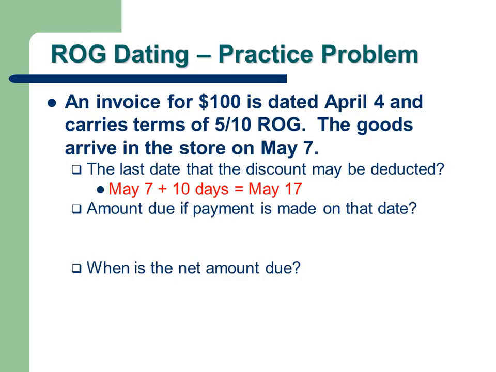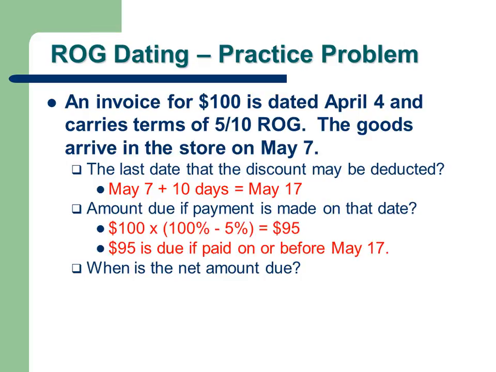So May 7th plus 10 days will be May 17th. That is your last cash discount date. If you pay the bill on May 17th, you get the 5% cash discount. So 5% of $100 will be taken off, and you pay only $95.